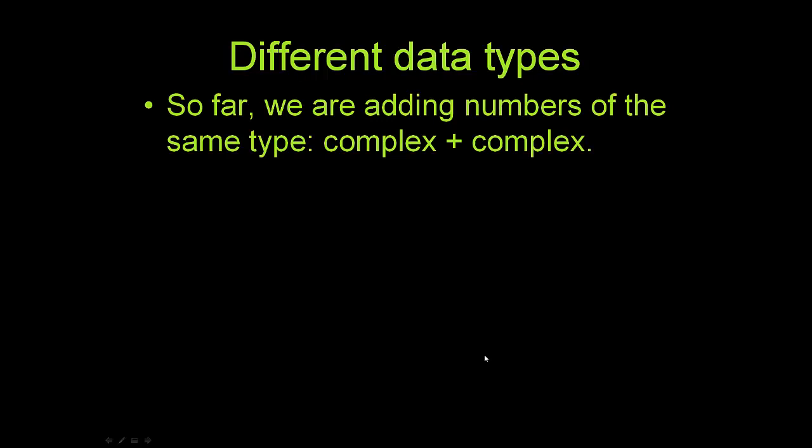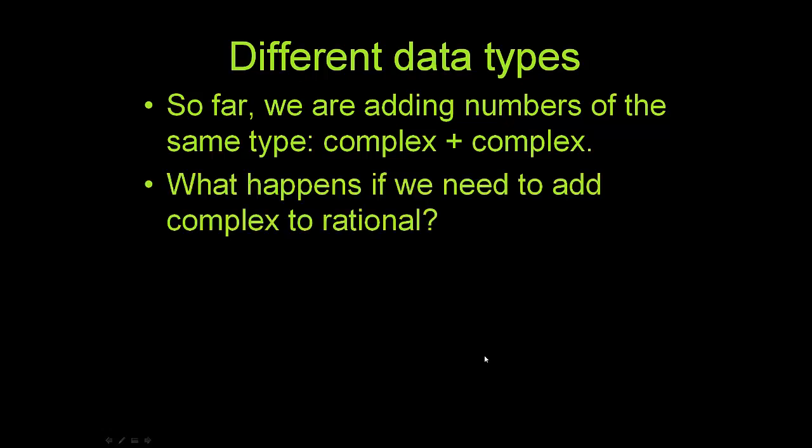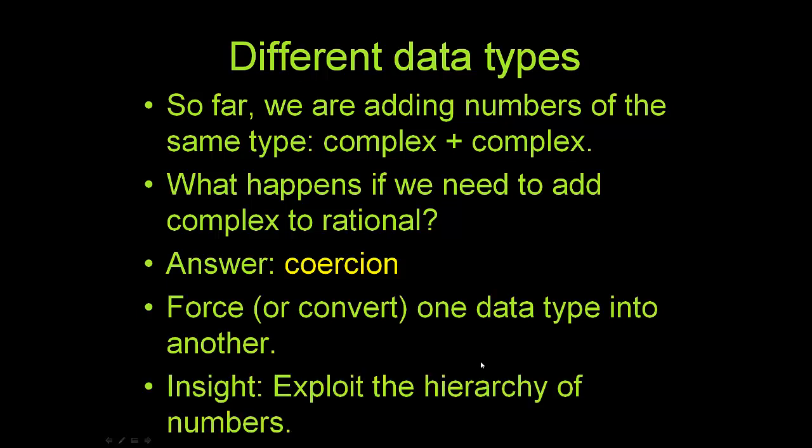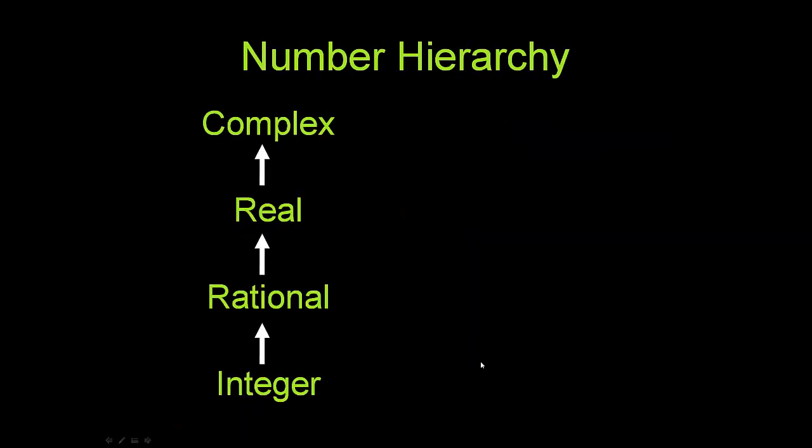So let's look at this. So far, we've learned that we can add numbers of the same type, complex and complex. What happens if you want to add something that's different? For example, you want to add a complex to a rational. The answer is that you do this thing called coercion. Essentially, you force one type of data into another type. The basic idea is that there's this thing called the hierarchy of numbers. What does it mean? Essentially, an integer is a rational number.